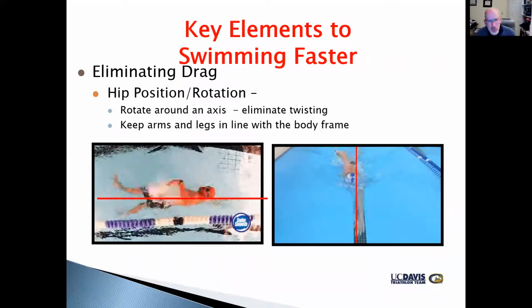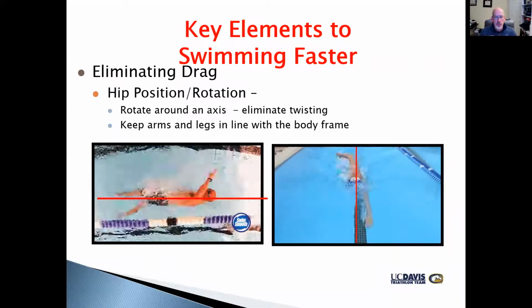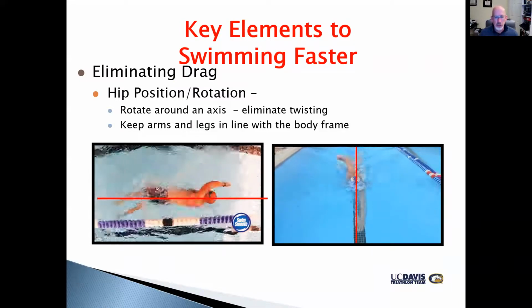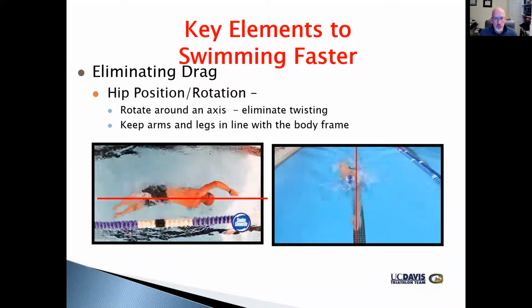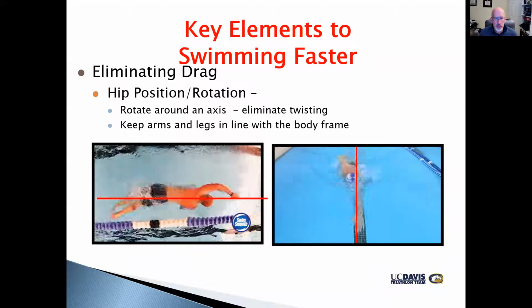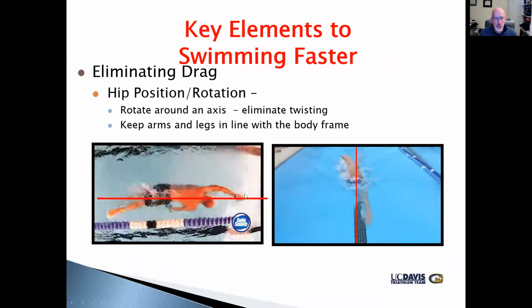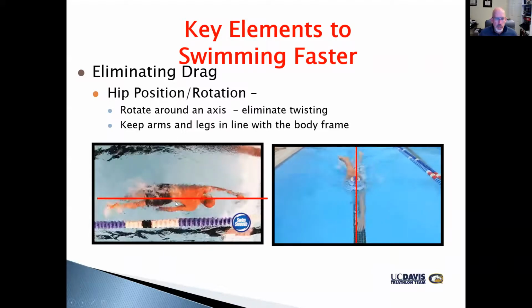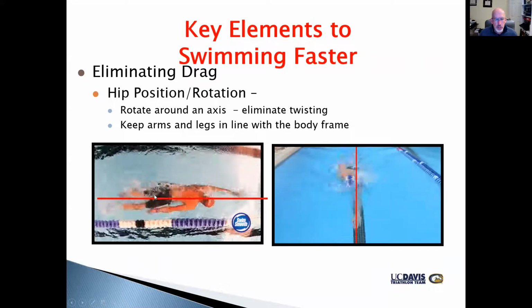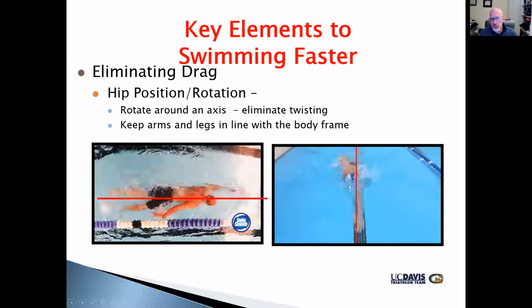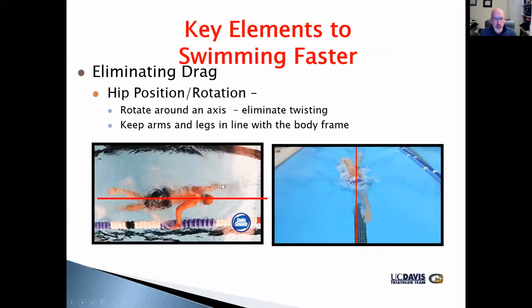Okay, so hip rotation, that's another position issue that people have related to drag. And again, when you're talking about getting your body outside of that tube, or not being around the long axis. I try to create an axis for the individual on the left and an axis for the individual on the right.